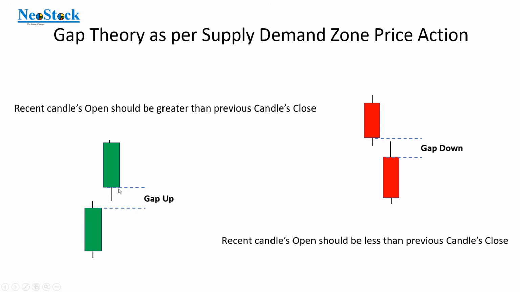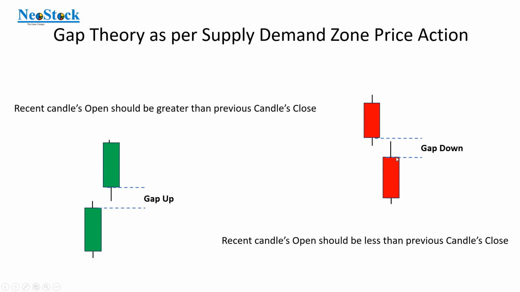And in this example, because the lower wick does not fill the gap, we can say this is a valid gap up scenario.